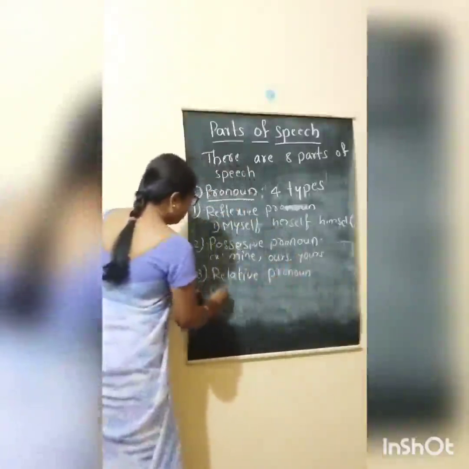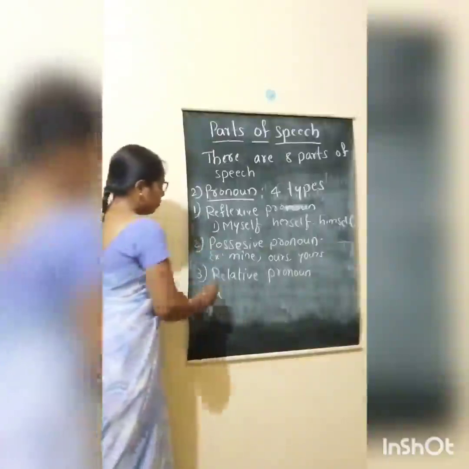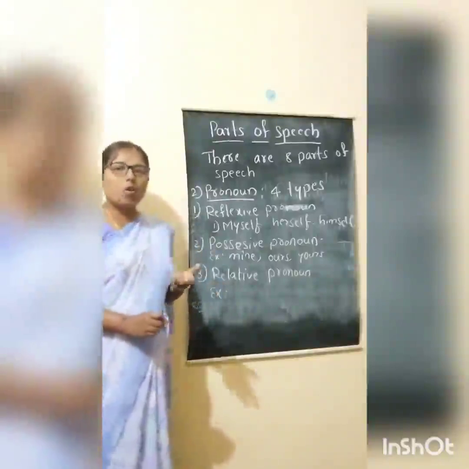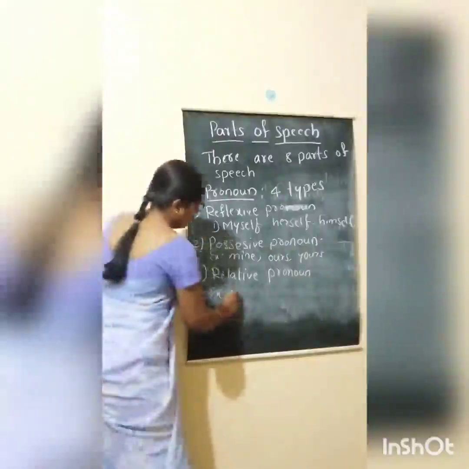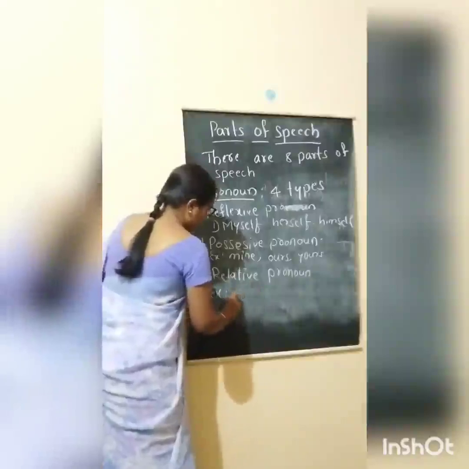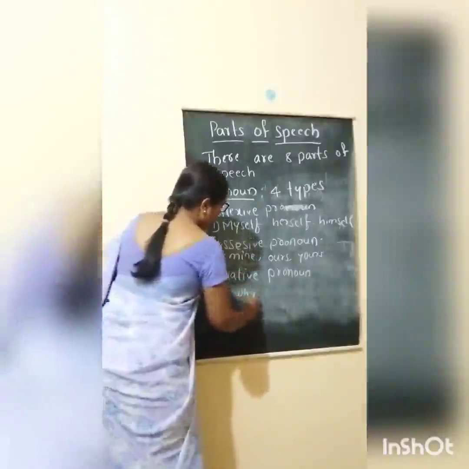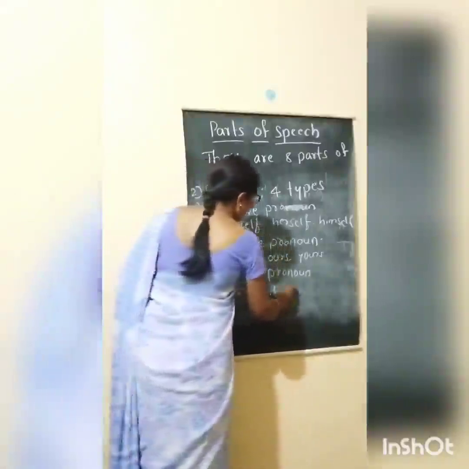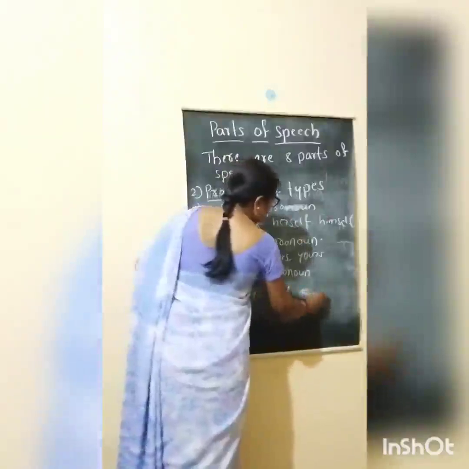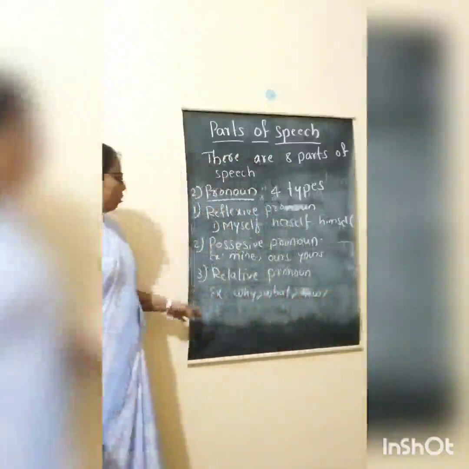Relative pronouns are questioning words. For example, why, what, how. These are all called relative pronouns.